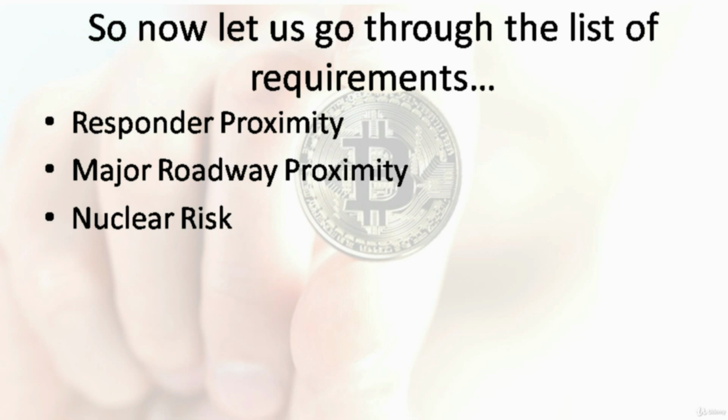For example, the nuclear risk, right? Even though there is an evacuation zone in which, if you are situated within 50 miles of a nuclear power plant, you will need to be evacuated, however, mostly you would be remote into your mining facility, so it won't apply to you.